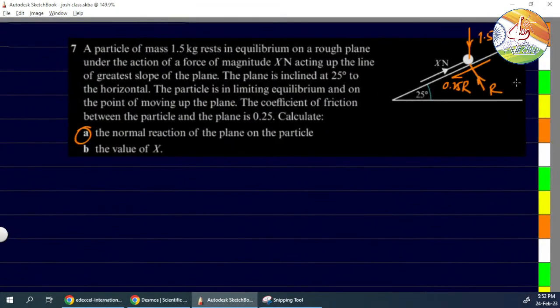So here again, how should we do this? We should take this line as the y-axis and this line as the x-axis. What will be this angle?